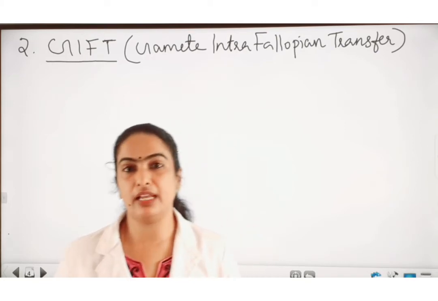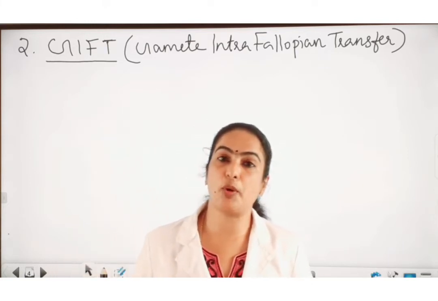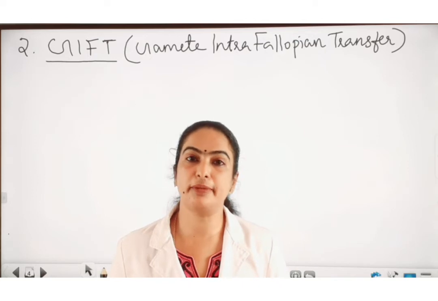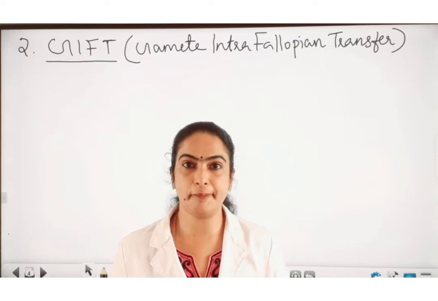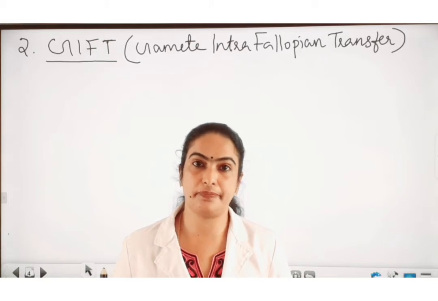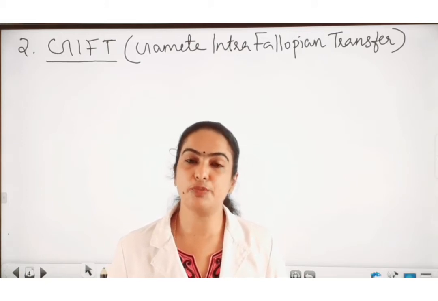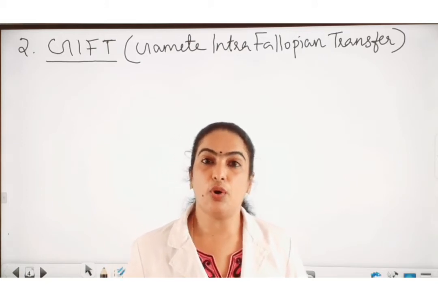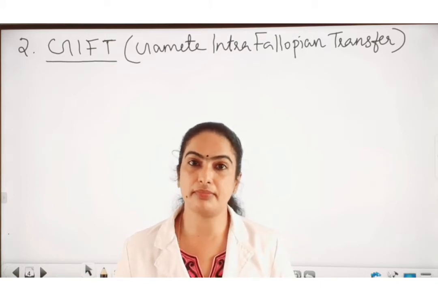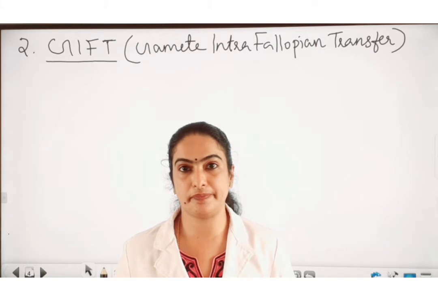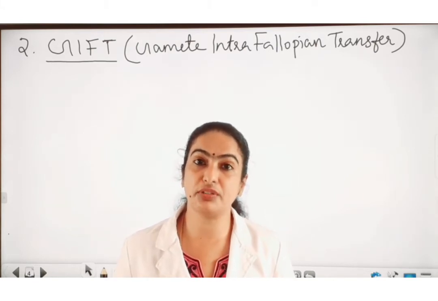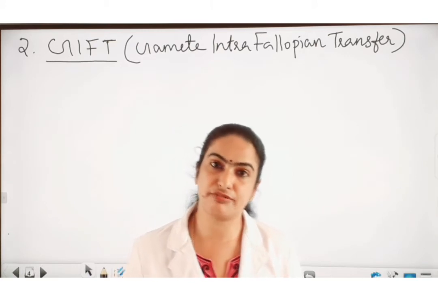If a female or a wife has the problem of irregular ovulation or is not capable to produce ovum properly, this method, GIFT, can be done. Here the ovum can be transferred from a female donor into the fallopian tube of the recipient female.